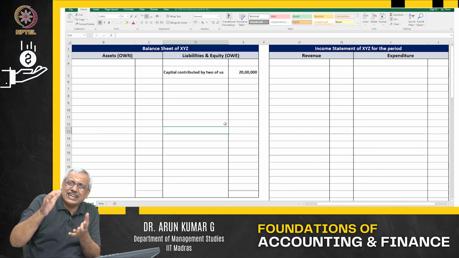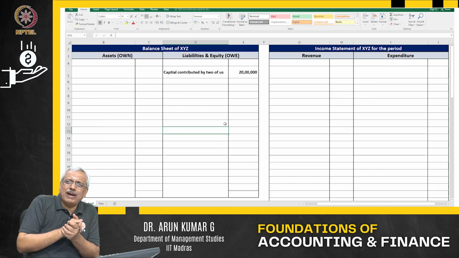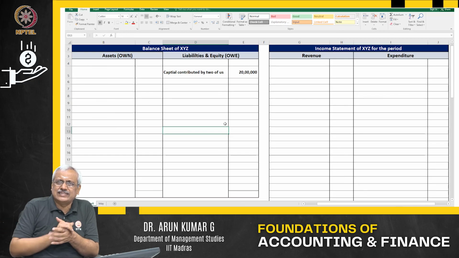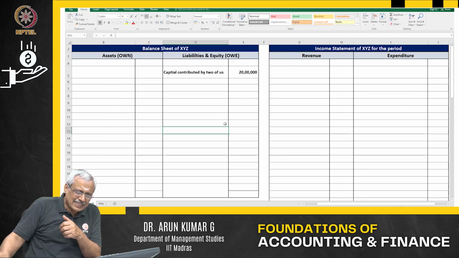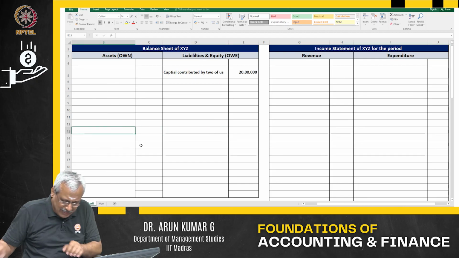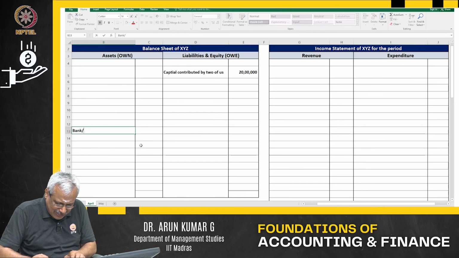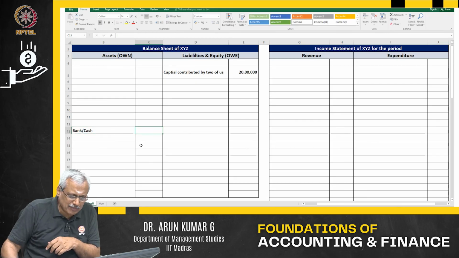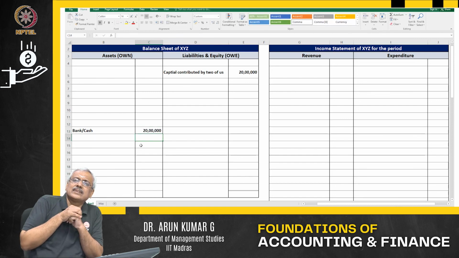Now what is happening? There is 20 lakhs sitting in the bank account of XYZ, or 20 lakhs cash in the cash box of XYZ. So the entity owns that money. That is what I would say, bank or cash, depending on whether you are depositing in the bank or cash. So it owns about 20 lakhs.